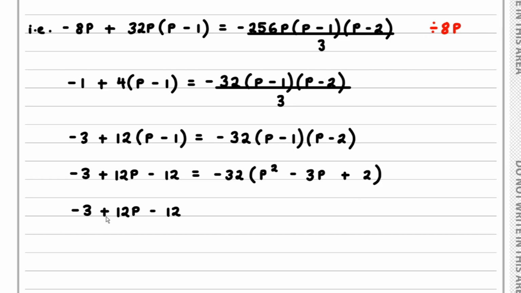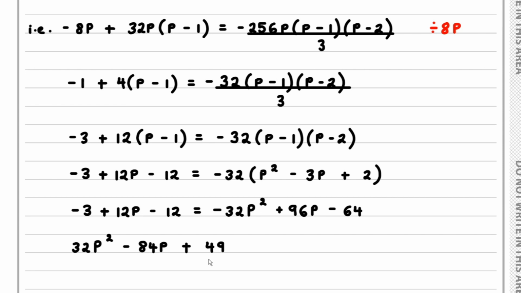So we have −3 + 12p − 12 equals −32p squared + 96p − 64. So we have 32p squared − 84p + 49 equals 0.